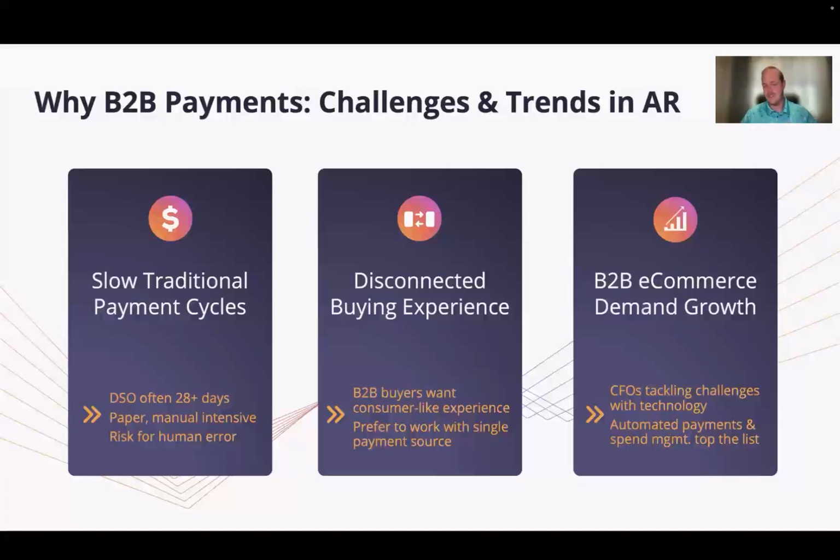Just some statistics for everybody on today's call. Industry average right now for B2B is about 40 days, or 47 days sales outstanding, DSO, which is a very long time. If you know the value of money, not having those receivables in our bank account for that amount of time is going to hurt us.